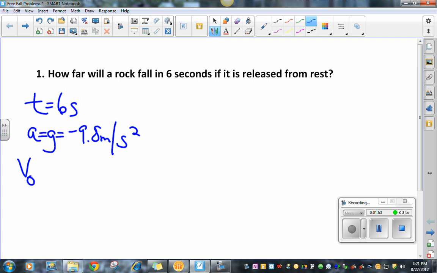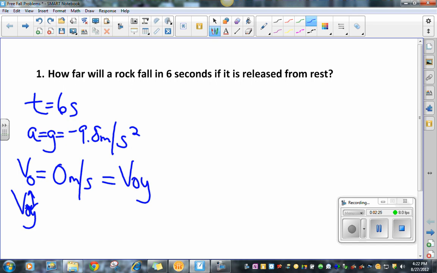So our initial velocity is going to be 0 meters per second. And sometimes this v naught you may also see as v naught y, because this becomes an initial vertical velocity. So you may see either one on a formula sheet, okay? Because it's falling vertically, we now consider it a v naught y.